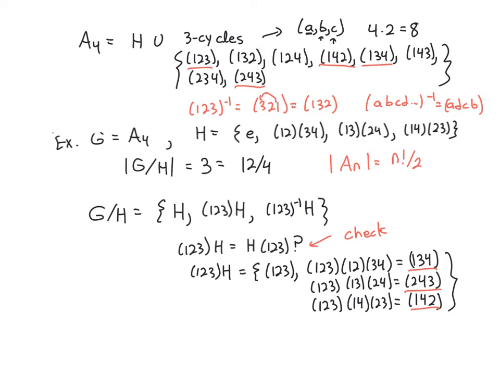And so we want to know, is H normal in A4? Well, we actually have to do this sanity check. Is this left coset equal to this right coset? Let's compute this left coset. Here I am multiplying by the 4 permutations in H by (1 2 3). Here are the 4 3-cycles appearing in this coset.